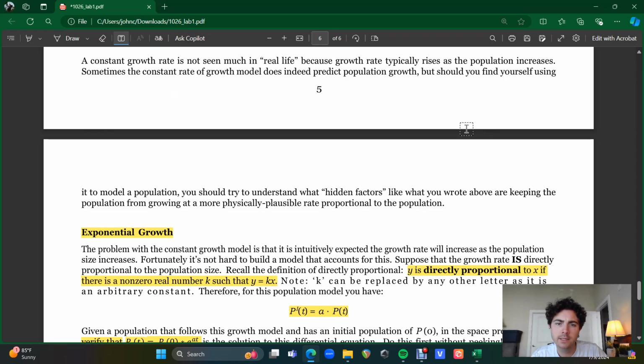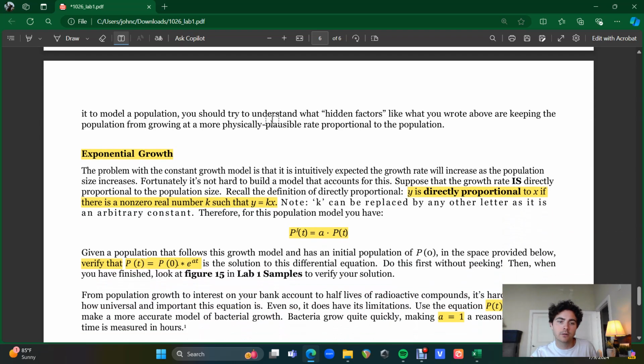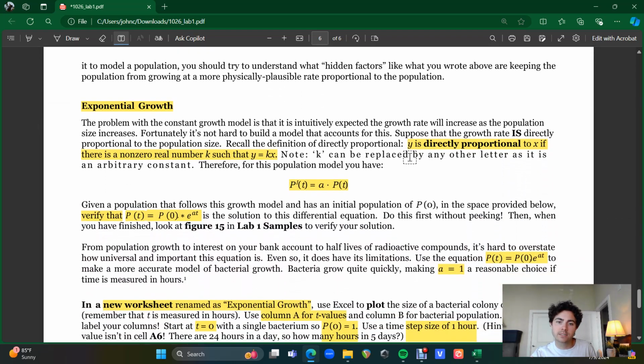So they're just saying at the end here, a more real life scenario would be more of an exponential growth scenario as opposed to a constant growth rate. So now, getting into an exponential growth scenario, suppose y is directly proportional to x. That means y is equal to k times x for some constant k.